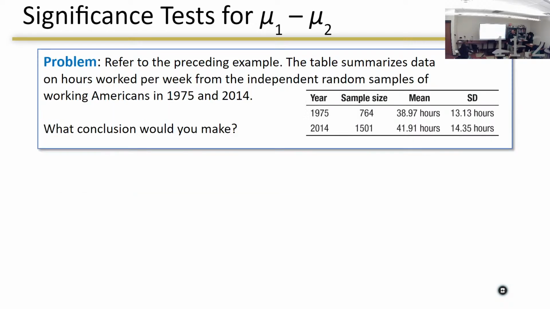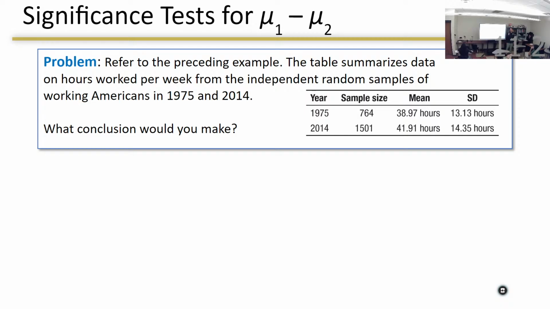Last thing, what's the conclusion we make? Well, with a p-value that low, that null hypothesis has got to go. Got to reject. There is enough evidence to say there is a difference in the average number of work hours from 1975 to 2014.